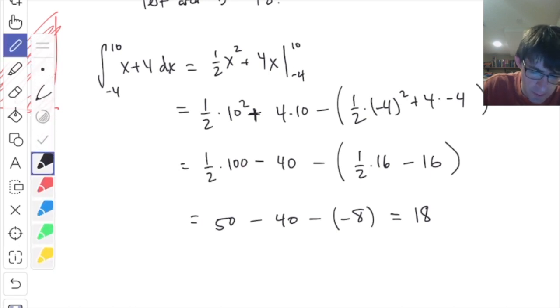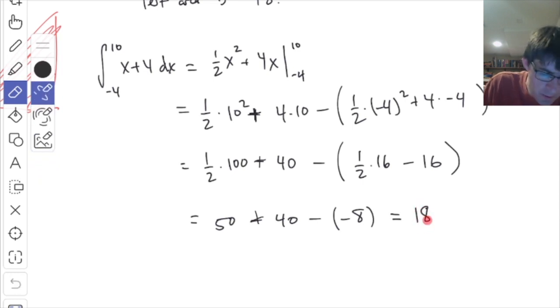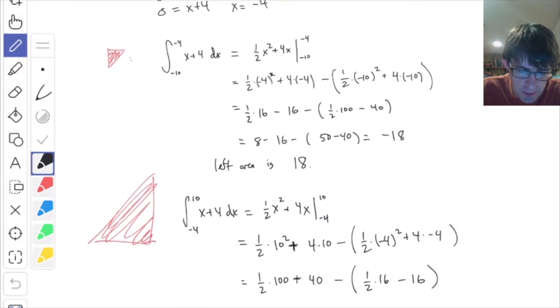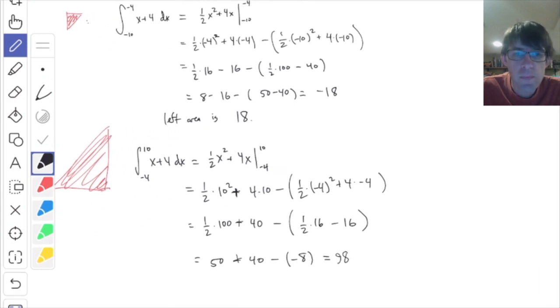Should be a plus, a plus, a plus. 50 plus 40, yes, that's going to be much bigger. 98, right? 50 plus 40 minus negative 8 is 98. That sounds better to me. All right, sorry for my momentary confusion. All right, what's my final answer? So the area on the right is 98.